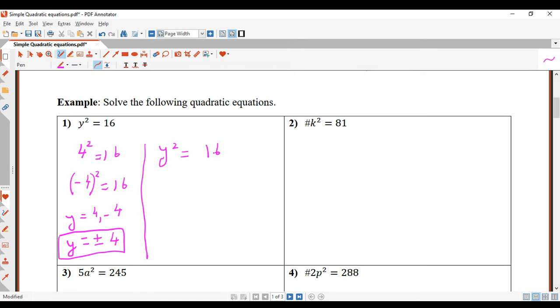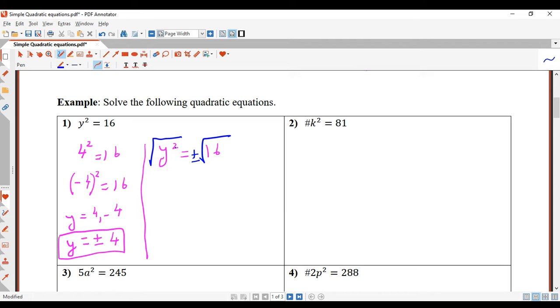Okay. And what you're going to do next is do the opposite of squaring. Okay, the opposite of squaring is square rooting, so we're going to square root both sides. Now, you have to remember when you do this, because there's always a positive and negative answer, you have to remember to put the plus and the minus in front of the square root.